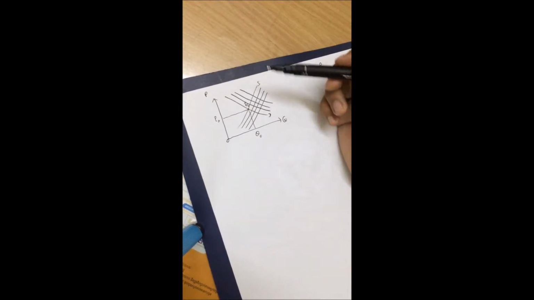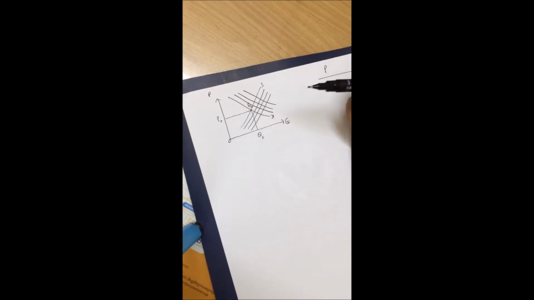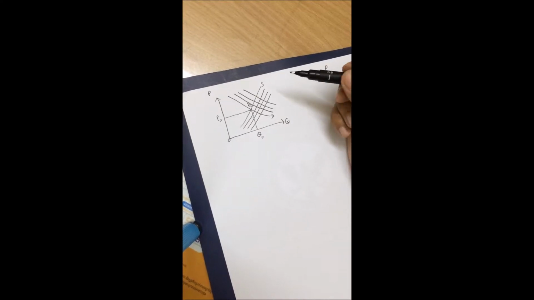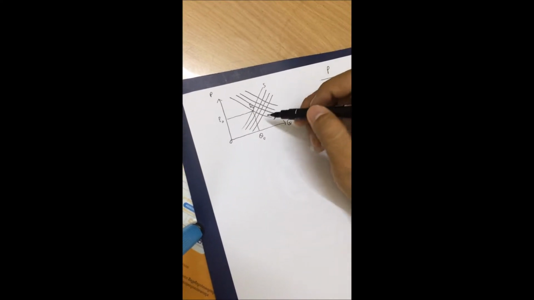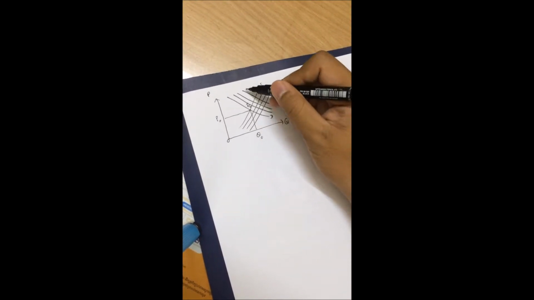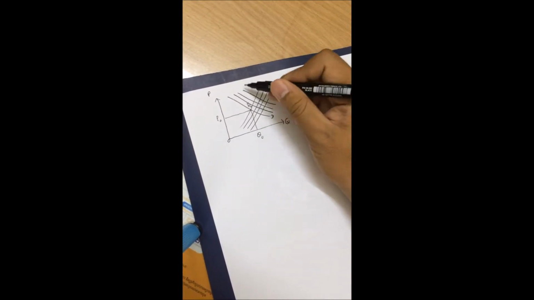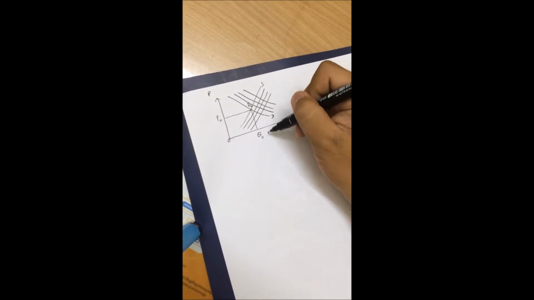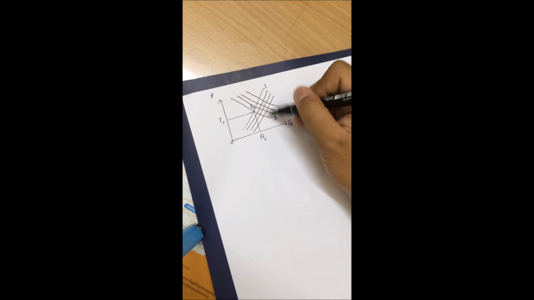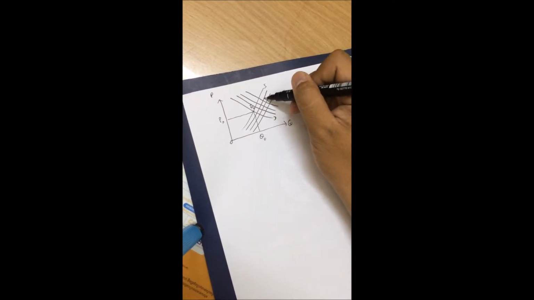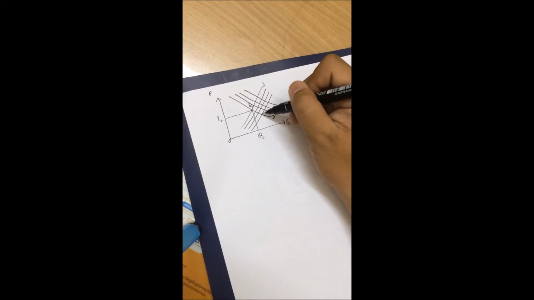Okay, so let's take a look at this and what will happen to the price and what will happen to the quantity. We can clearly see that this is Q0 here, the line is here. So when you drop the new equilibrium down the line of Q, you will see that all the equilibrium is here, the intercept here.